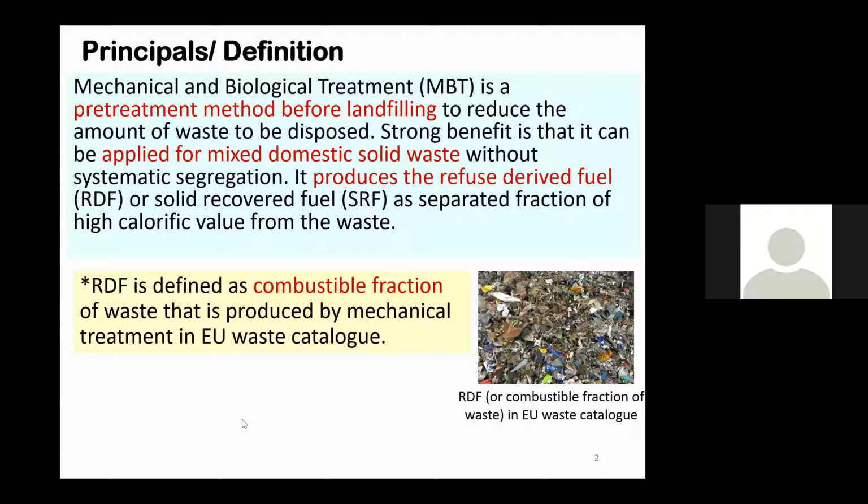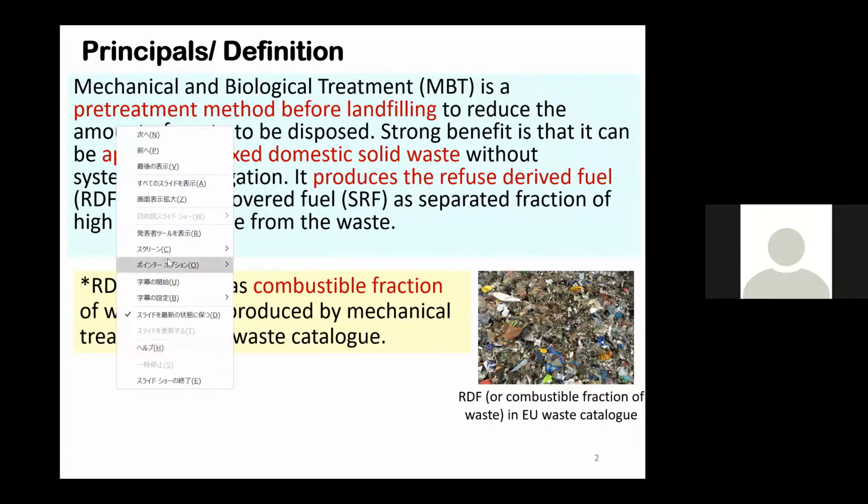And the strong benefit of MBT is that it can be applied to mixed solid waste without source separation or systematic segregation. And MBT can produce solid fuel, so-called refuse-derived fuel or solid recovered fuel, called RDF or SRF, as a separated fraction of high calorific value from the waste.